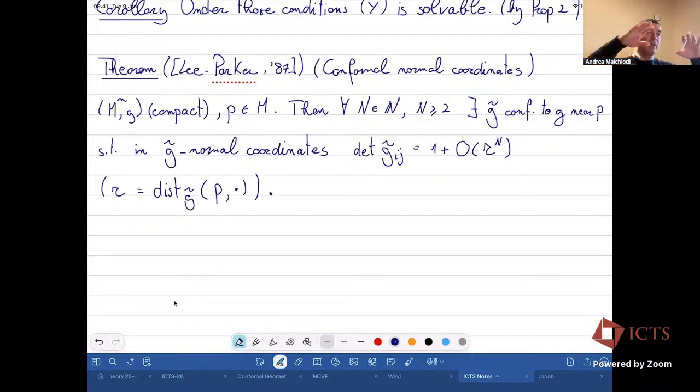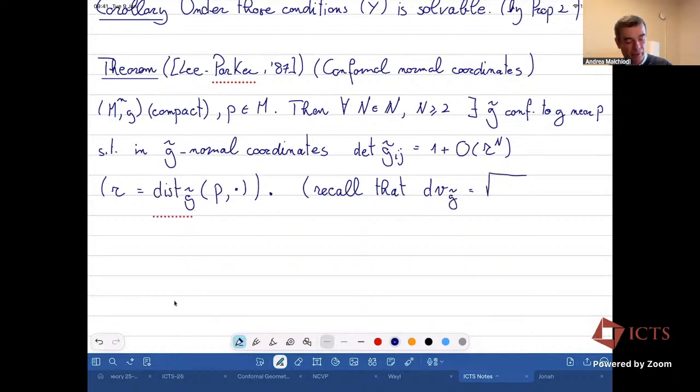Okay, so you can make the volume element. Recall that the volume element with respect to the metric g tilde, in this case, is the square root of the determinant of g tilde ij times dx.